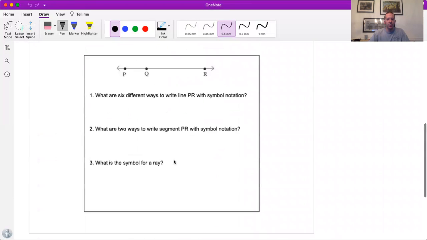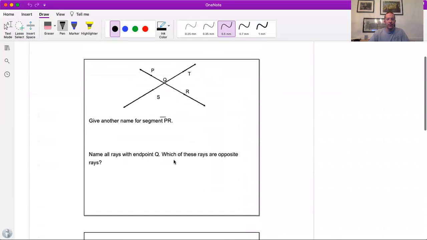I did want to do these. These are just some simple practice exercises about the stuff we just did. I think it's good for you guys to see me do some examples. So these are two lines here.